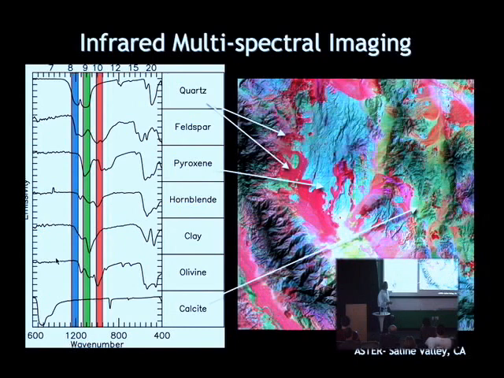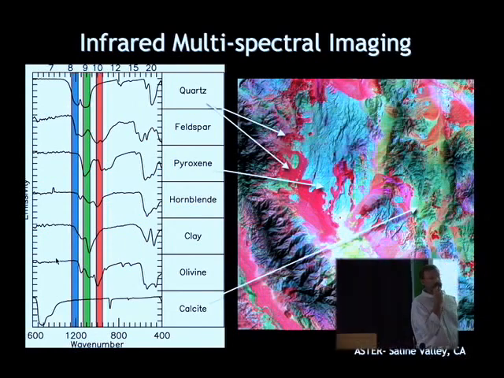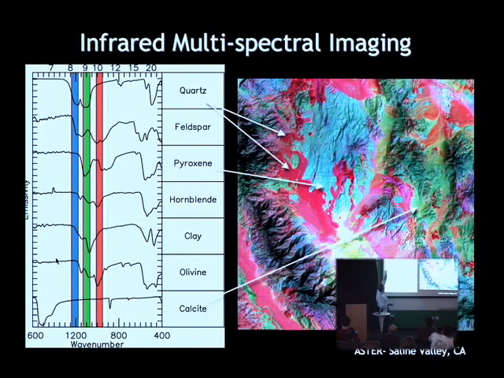If I put one of those filters at 10 microns, one at 9 and one at 8, and took an image, and then displayed the emitted energy at 10 microns as red, 9 as green, and 8 as blue, then for example, quartz is emitting a lot in what then becomes the red band, not much in green and not much in blue.